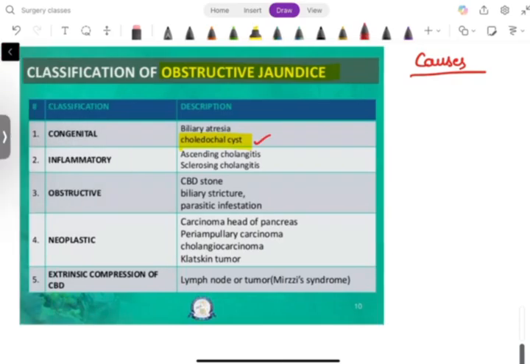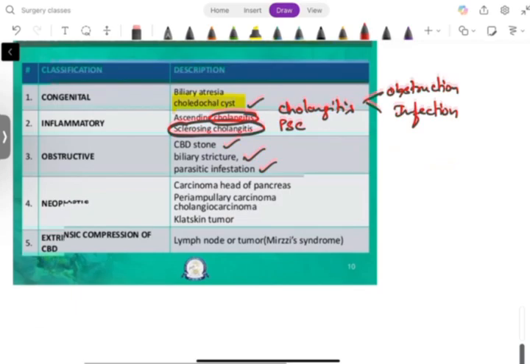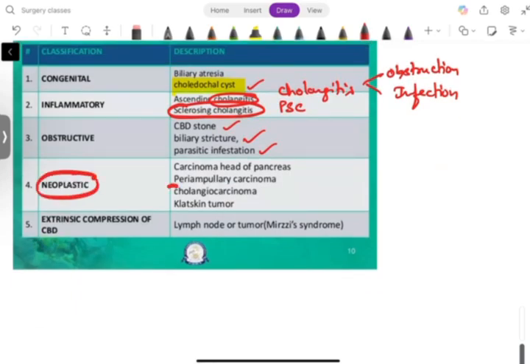Okay, inflammatory causes: we have discussed cholangitis and sclerosing cholangitis, this is primary sclerosing cholangitis, and the other one is cholangitis, just inflammation which can be because of obstruction or infection. And next, obstructive causes we have discussed: a common bile duct stone can cause obstruction, or a stricture can cause obstruction, or worms like Ascaris can go and cause obstruction. Next, neoplastic, like cholangiocarcinoma, which we just discussed. Hilar cholangiocarcinoma is nothing but Klatskin tumor, so that can be a neoplastic cause for obstructive jaundice.